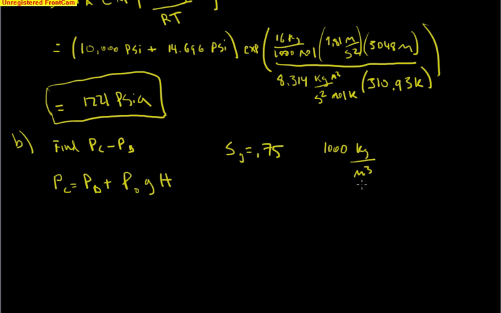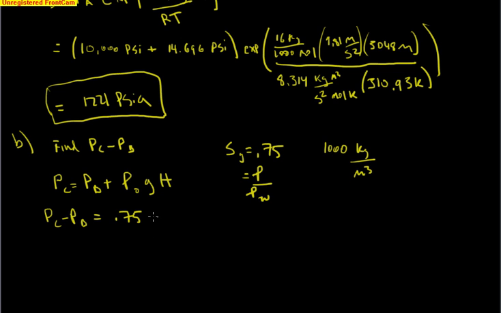So this is what we're going to use. Then we can convert back to imperial at the end. So we're interested in PC minus PB. The definition of specific gravity is the rho of whatever substance you're interested in over the rho of water.